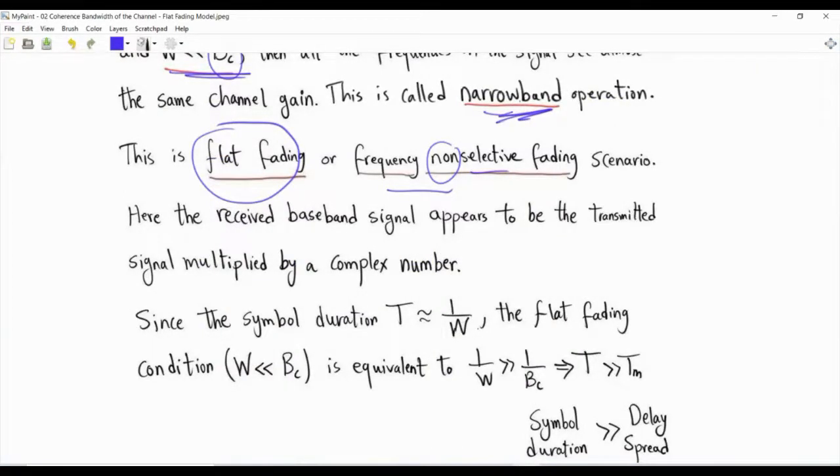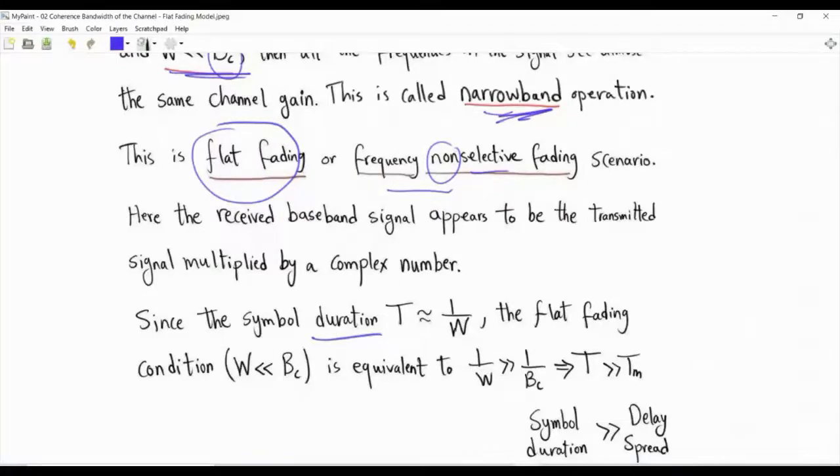Now you can explain this story using the delay spread rather than the coherence bandwidth, because the coherence bandwidth is the width of the spaced frequency correlation function, and it is the CTFT of the multipath intensity profile, so basically the delay spread is almost the reciprocal of the coherence bandwidth. Here is the story in the time domain.